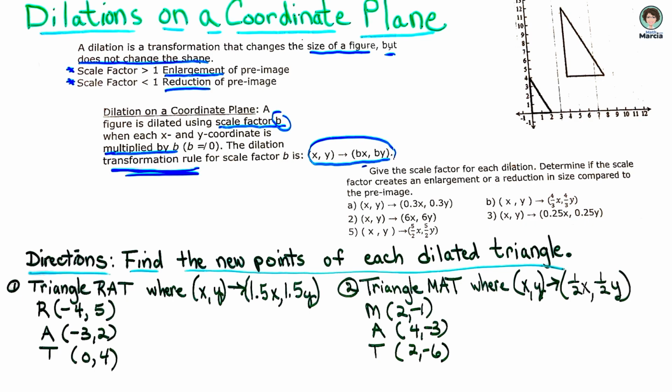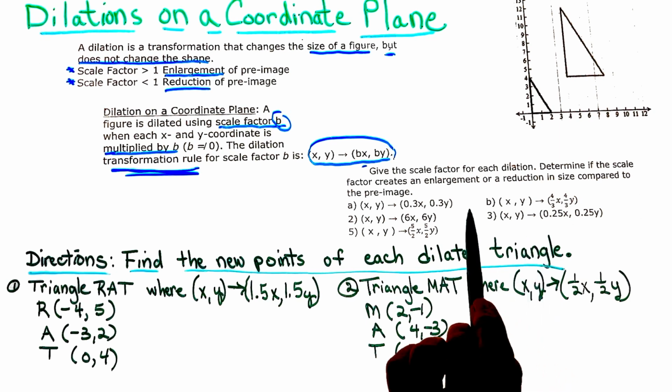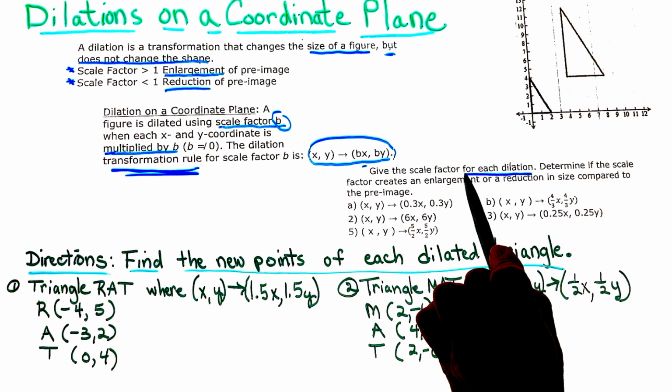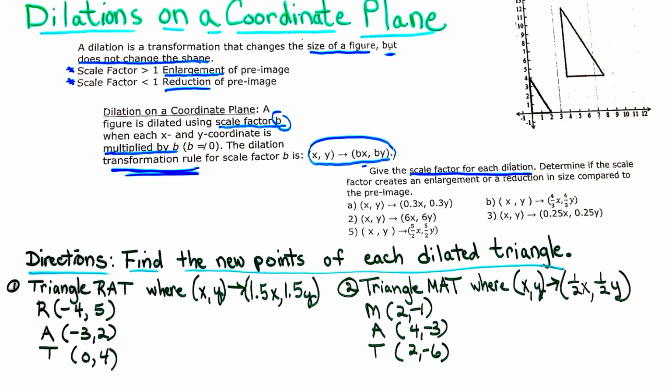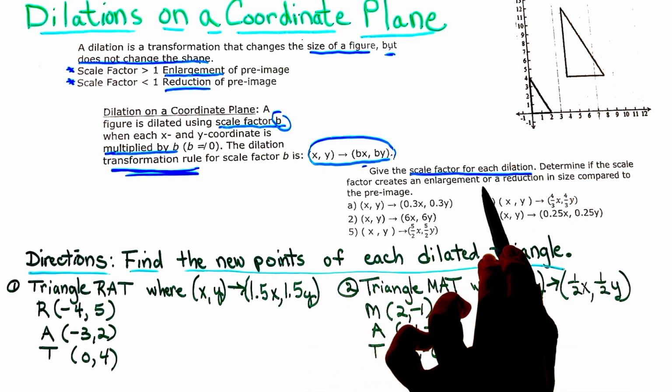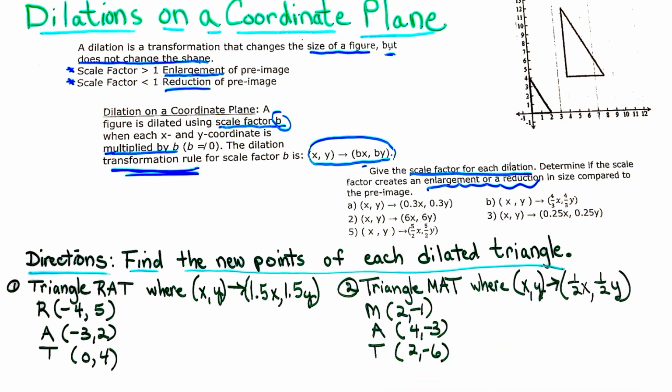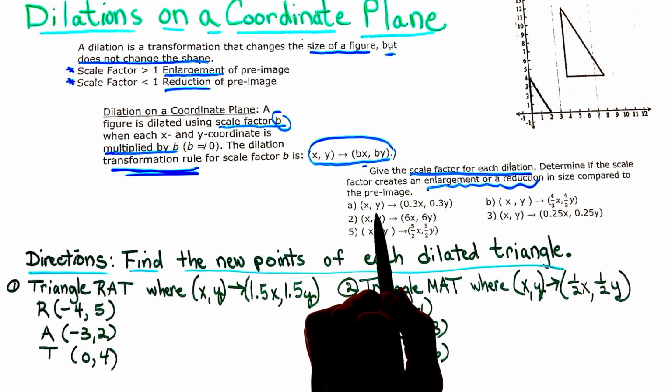All right, well, let's look at some examples that we have here and decide, is it a reduction or is it an enlargement? So give the scale factor for each dilation. So they want us to give the scale factor. Determine if the scale creates an enlargement or a reduction in size compared to the pre-image. Again, this is our pre-image.